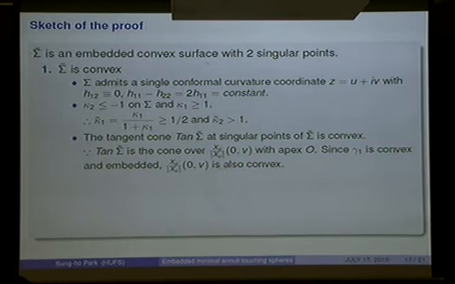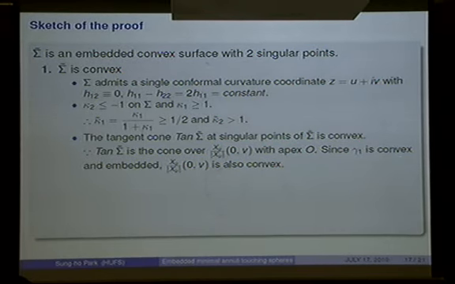And finally, I considered the tangent cone of sigma tilde at singular points. The tangent cone is actually convex because it is the cone over this spherical curve with the apex O, the center of S1.